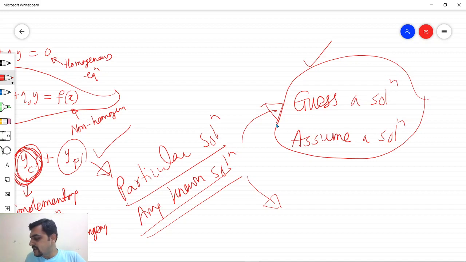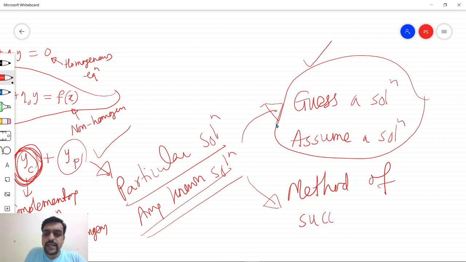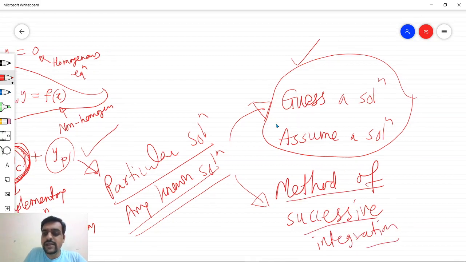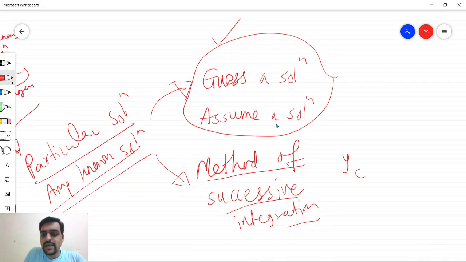In that case, we approach with the method of successive integration. Now this method always gives yc and yp both.